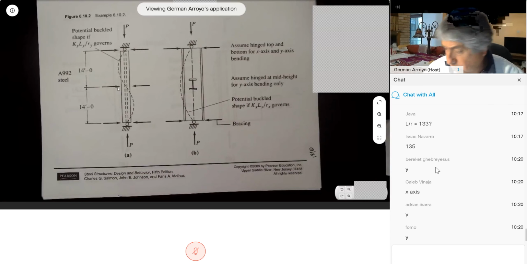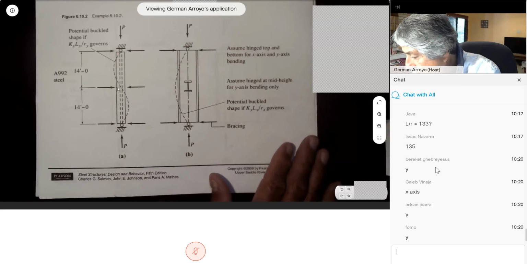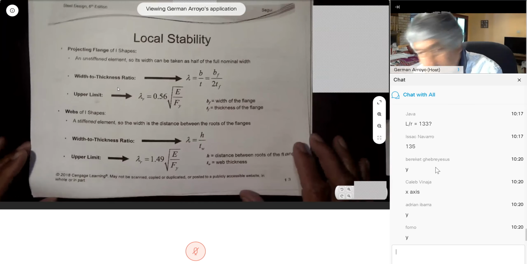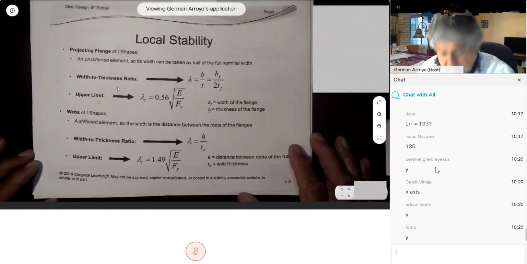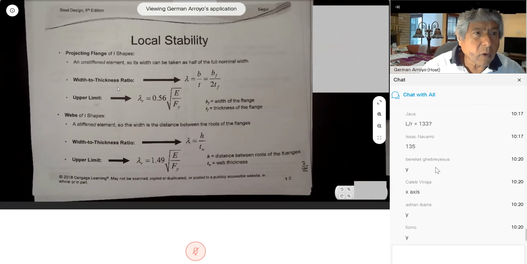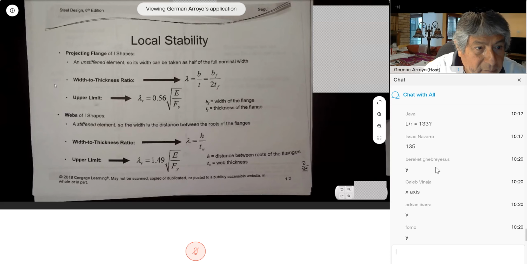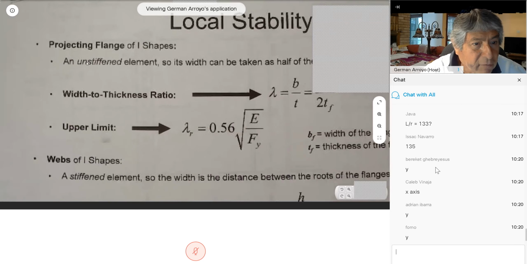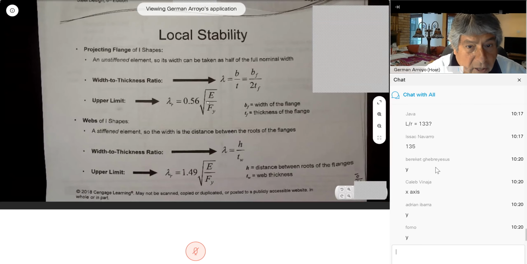I'm going to jump to page 10. This is what we do for local buckling. This is what I did show you in chapter B. And for projecting plate, the b over t becomes bf over 2 times the thickness of the flange, and we have to compare with this value.